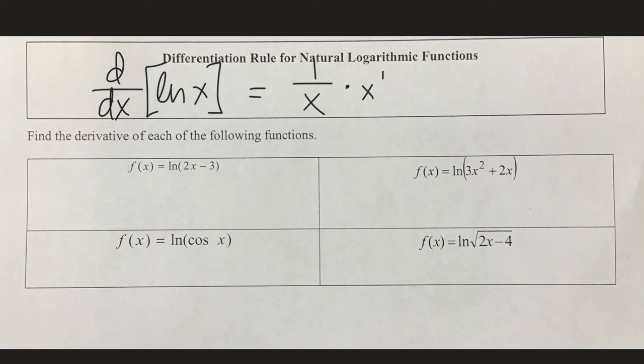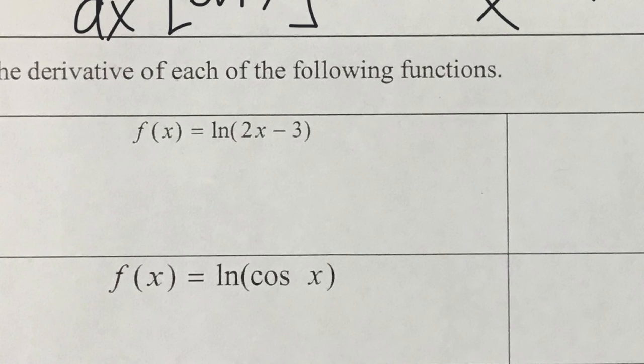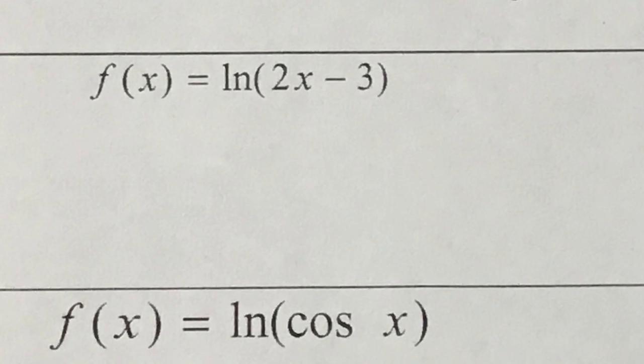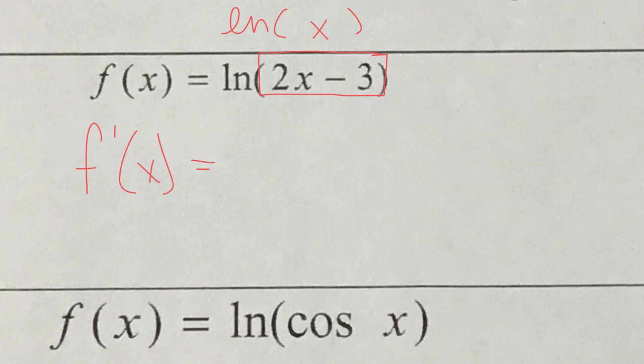So let's see some of these in action. Natural log of 2x minus 3. So this is your argument, the 2x minus 3 part. Okay, that would be represented by x in our natural log function. So as we take the derivative, it becomes 1 over 2x minus 3 times the derivative of 2x minus 3, which is 2.